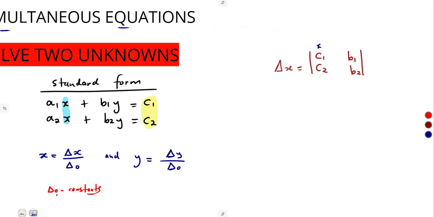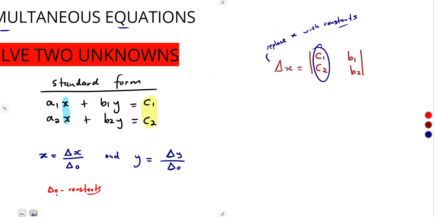The part of x is no longer x; it is now represented with constants. So I'm simply saying for dx, replace x with constants. The part of x, you replace it with what? Constants.